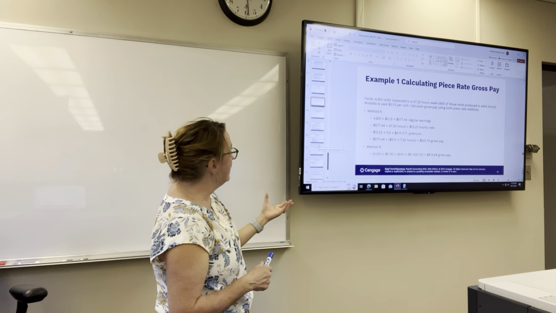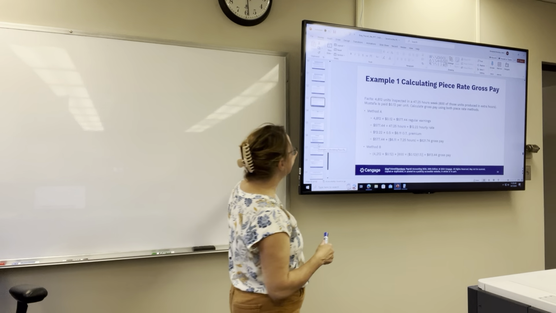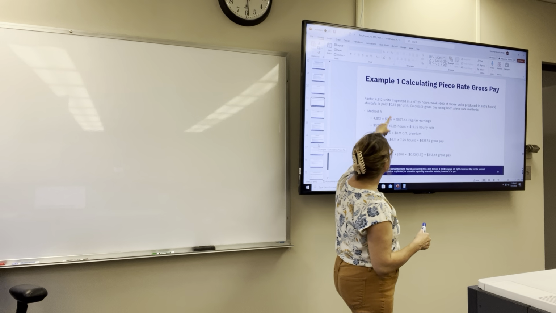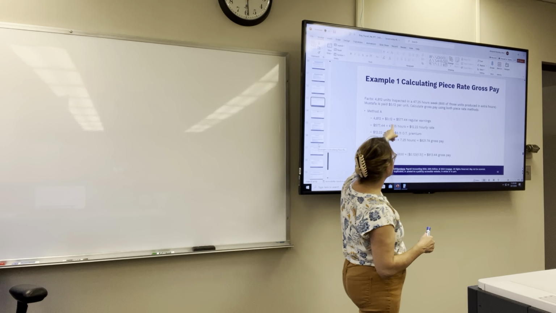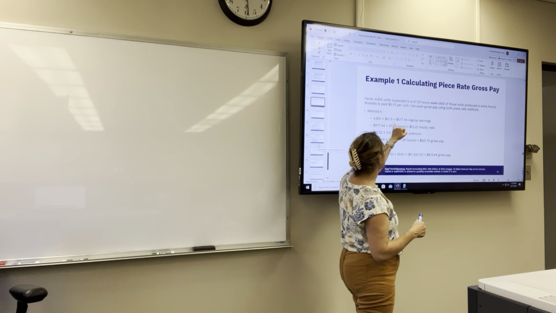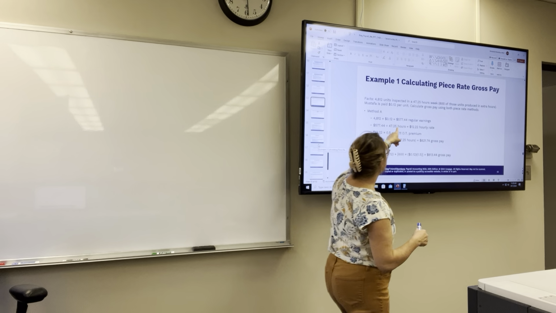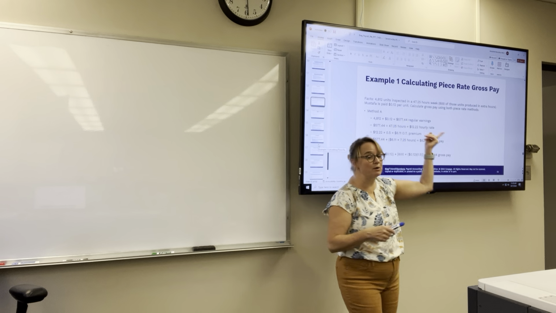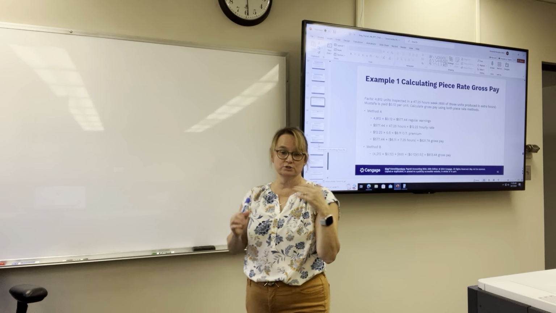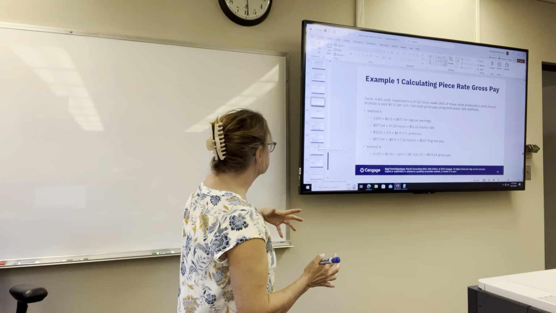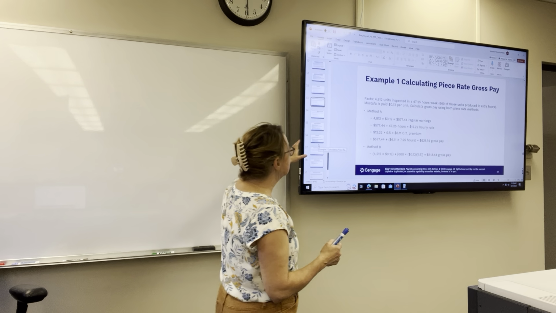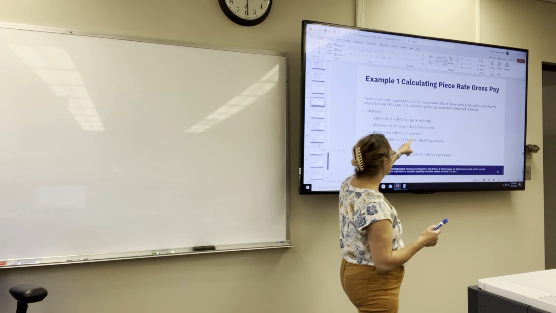So in the first one, we're going to multiply the total number of units that were inspected times the rate per unit, 12 cents, to get his regular earnings. Then we take those regular earnings and divide it by the total number of hours that he worked. So his rate was $12.22 per hour.